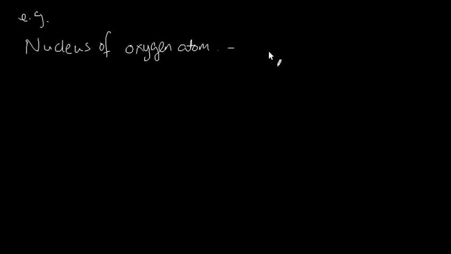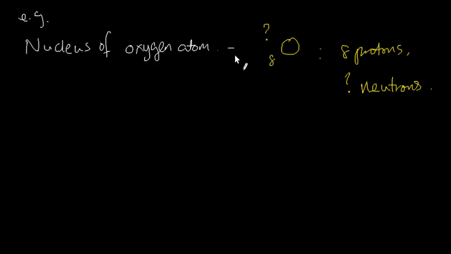It means that I know this nucleus has 8 protons, but I don't know how many neutrons it has. So 8 protons, unknown number of neutrons.